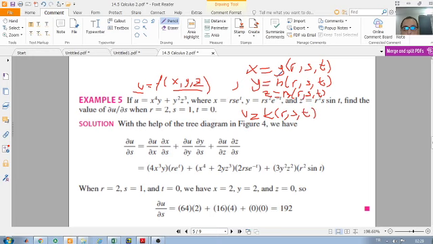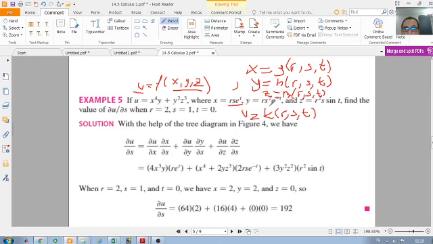After writing these definitions for x, y, and z in the definition of u. So our aim here is to find the value of the partial derivative of u with respect to s when r is equal to 2, s is equal to 1, and t is equal to 0.